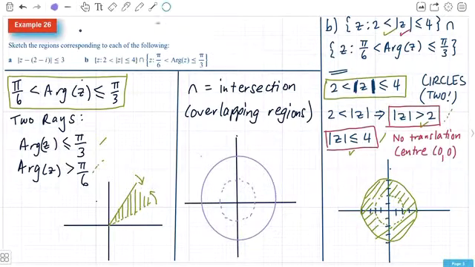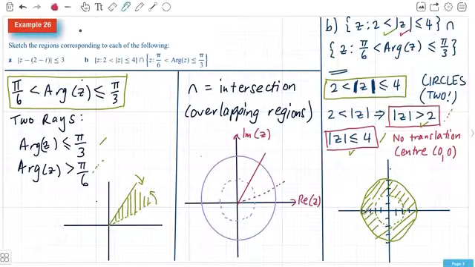That's better. And we had our two rays. One was a solid ray at pi on 3, and one was a dotted ray at pi on 6. Now let's look at combining the two. Going to just label my axes as well.